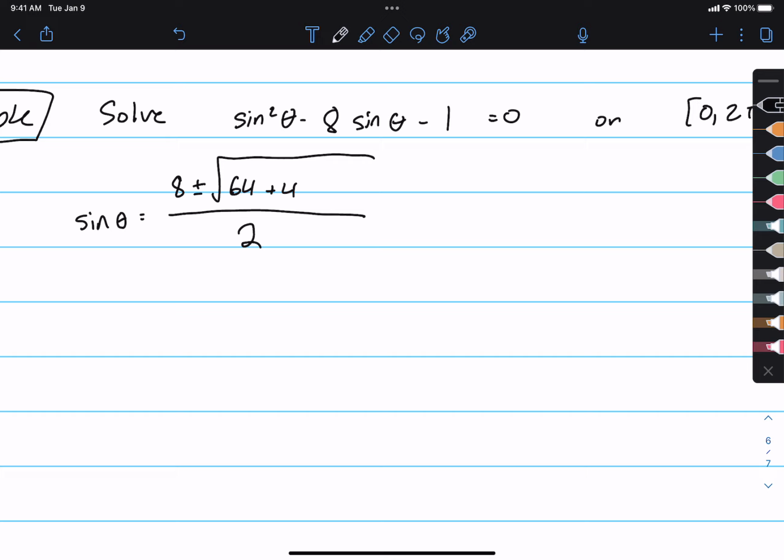If we put that in your calculator, we're going to get sine theta is either equal to 8.123 or we're going to get sine of theta is equal to negative 0.123, right?